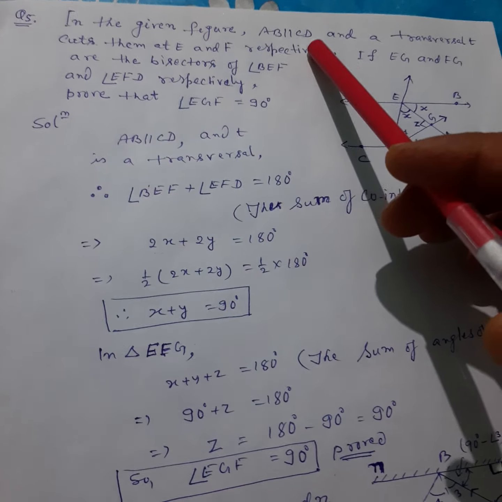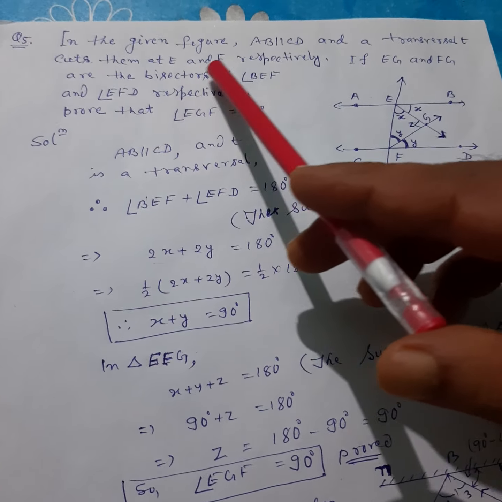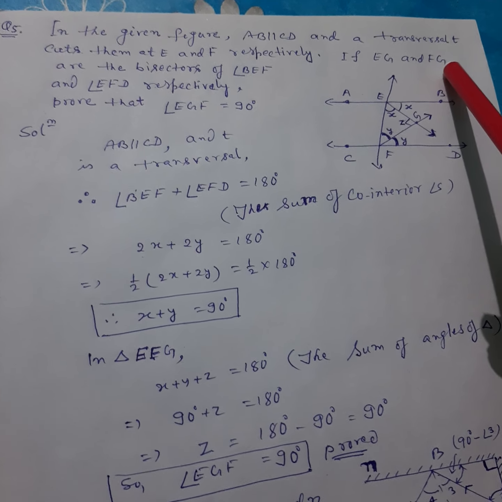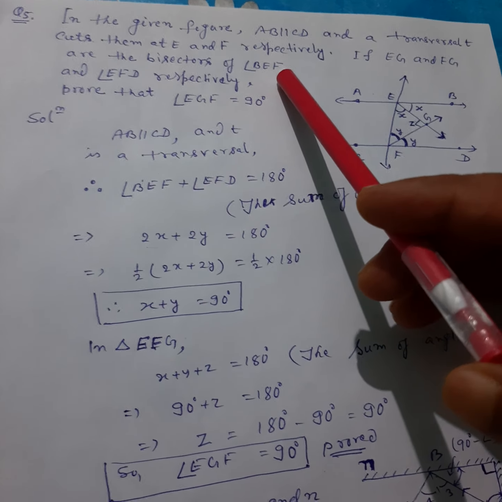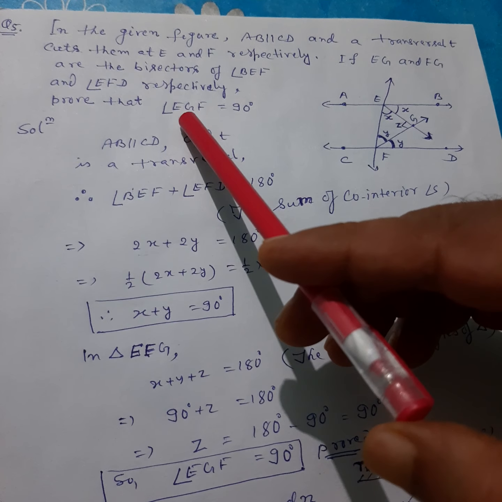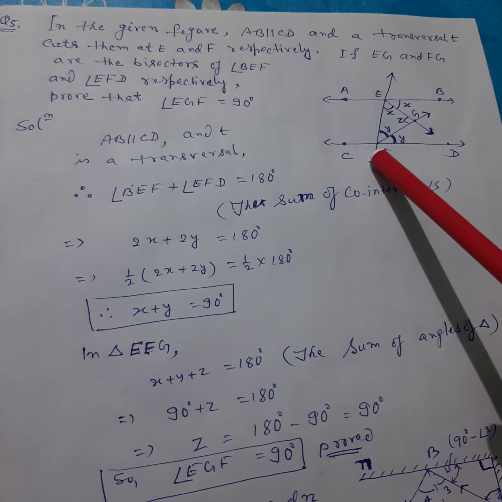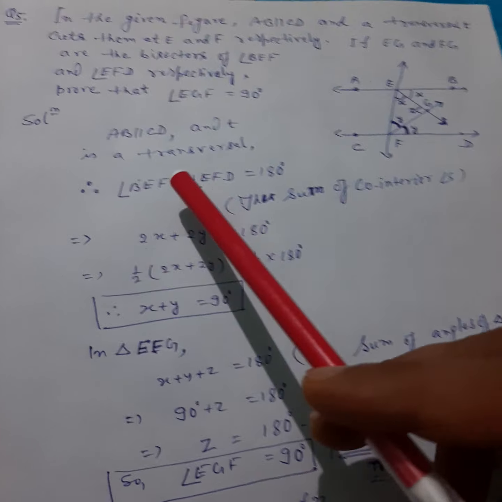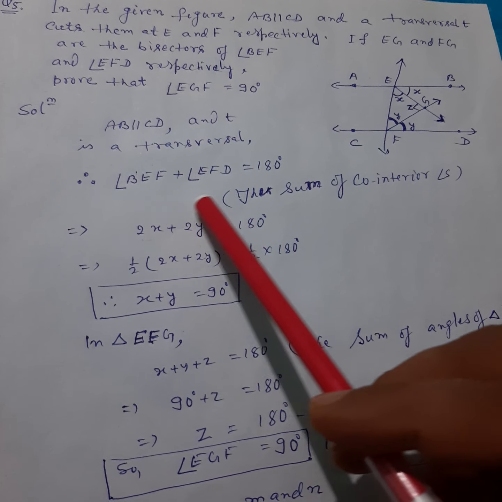In the given figure, AB parallel CD and a transversal T cuts them at E and F respectively. If EG and FG are the bisectors of angle BEF and angle EFD respectively, we have to prove that angle EGF is 90 degrees. Now AB parallel CD and T is a transversal, so the sum of co-interior angles is 180 degrees.